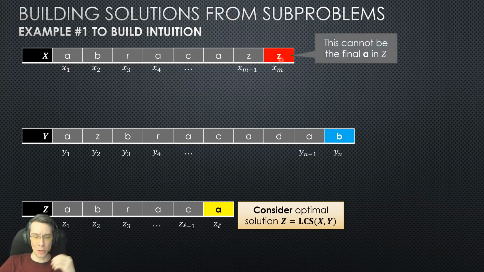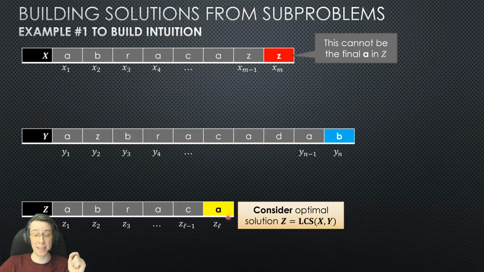So I want you to look at this example. I know this is just a concrete example, but let's see, in this concrete example, the last letter of X does not match the last letter of Y, and neither of them match the last letter of Z. So remember, Z is the longest common subsequence of both of these strings, so Z appears as a subsequence in both of these strings.